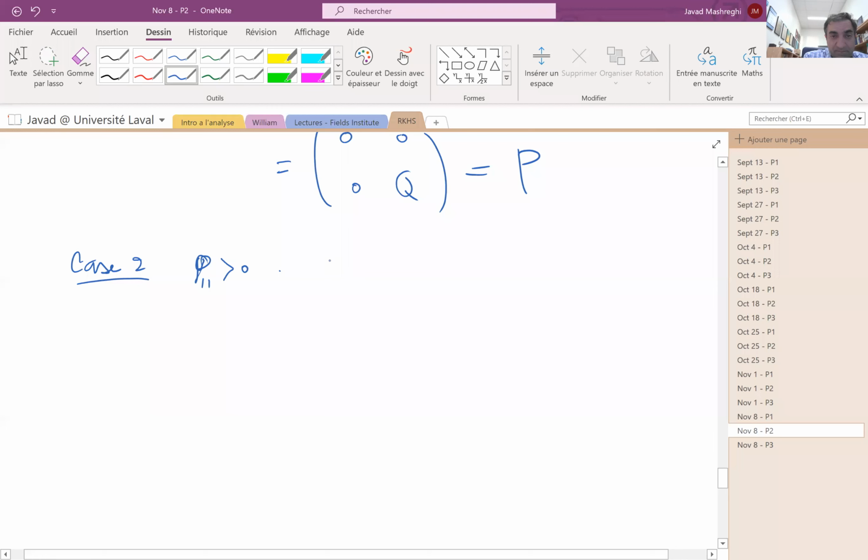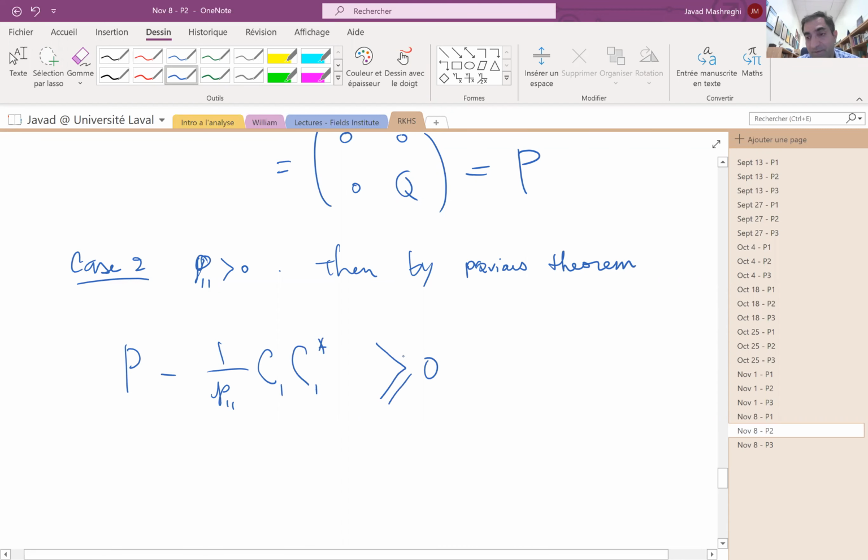By the previous theorem, P minus 1 over P11 times column 1 times its star is still bigger than or equal to 0.